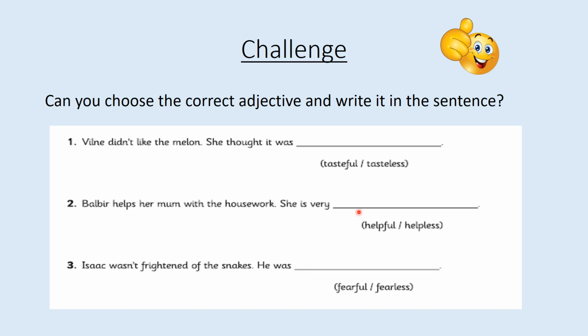Is she going to be lots of help or is she not going to be a lot of help? And number 3, Isaac wasn't frightened of the snakes. He was, is it going to be fearful or fearless? So is it going to have lots of fear or not have lots of fear? So you've got to decide on those 3 different sentences which is the right word that goes on the end.